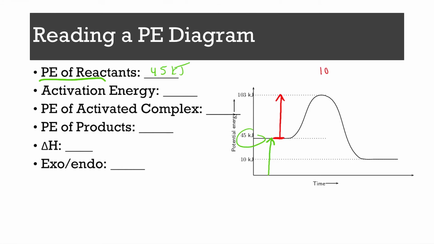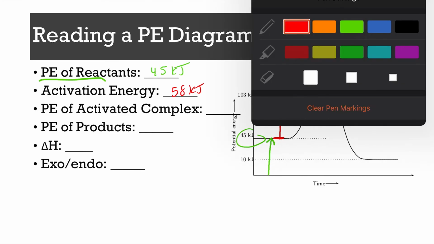So it's this section. And so it would be 103 minus 45, because it's that in between. We're starting at 45 and want to get to 103. And so in order to do that, 58 kilojoules of energy need to be absorbed. If you absorb anything lower than 58, you will not get to that top part and you will have to start over.